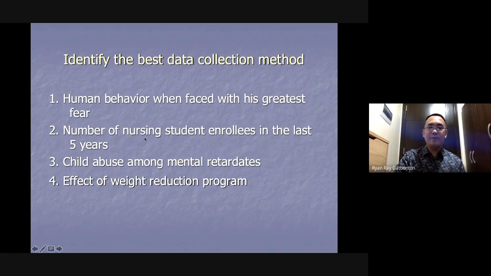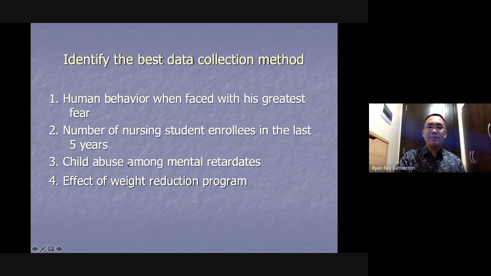Number two, number of nursing student enrollees in the last 5 years. Since we're pertaining to history because of the words last 5 years, the data about this can be collected through a records review or through the use of available records or data.